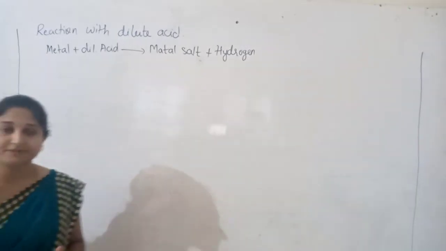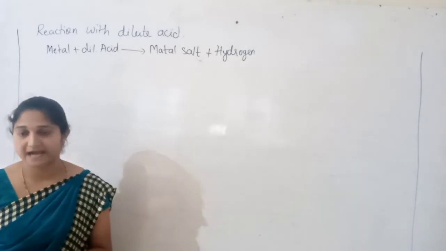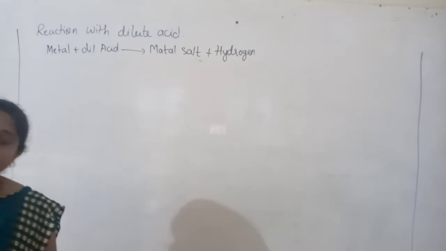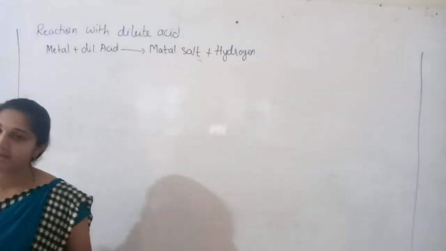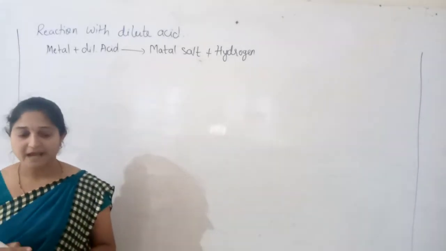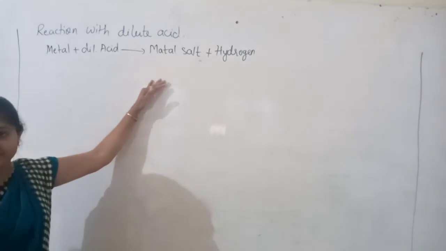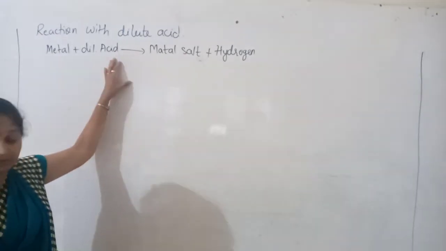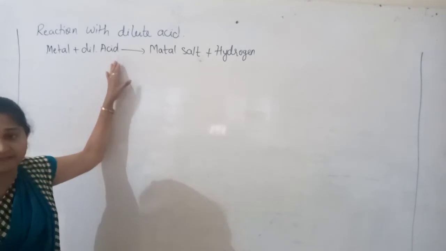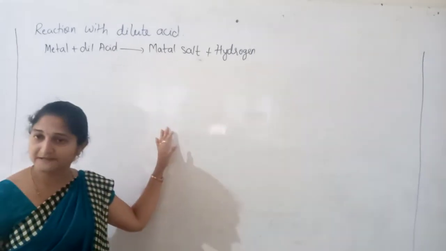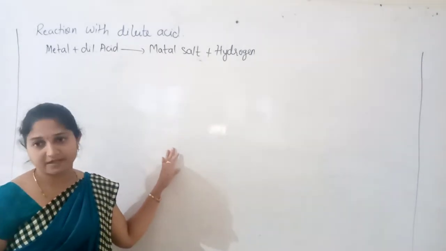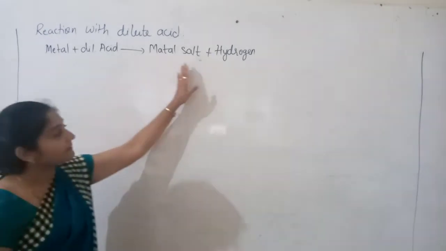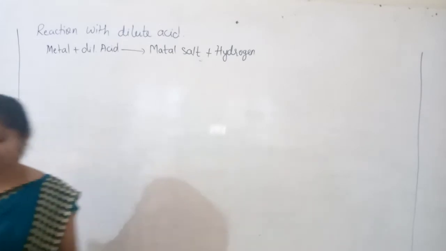When they react with dilute hydrochloric acid, they also form their salt and hydrogen gas. So here is a general form: whenever a metal reacts with dilute acid like hydrochloric acid or sulfuric acid, they are going to form their metal salt and hydrogen.